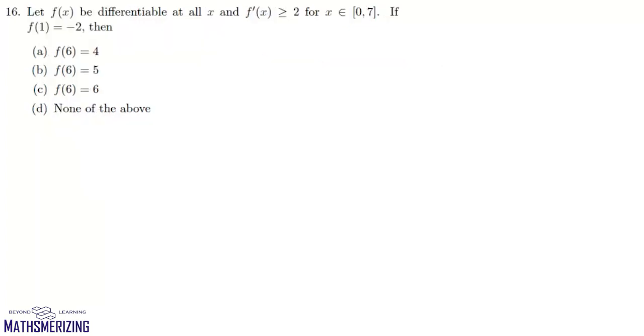Now question number 16 is, let f(x) be differentiable at all x and let f'(x) be greater than or equal to 2. Then if f(1) is equal to minus 2, which of the following is true about f(6)? Now using Lagrange's mean value theorem, we can write (f(6) minus f(1)) upon (6 minus 1) will be equal to some f'(c), and we know that f'(x) is greater than or equal to 2.